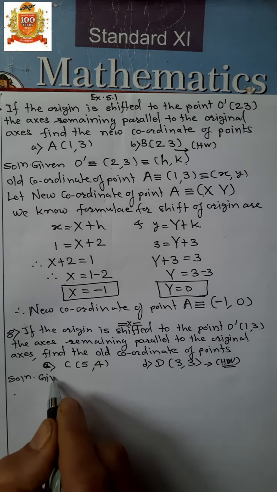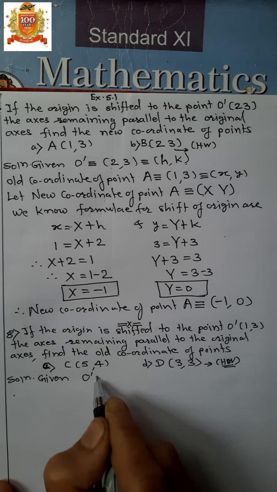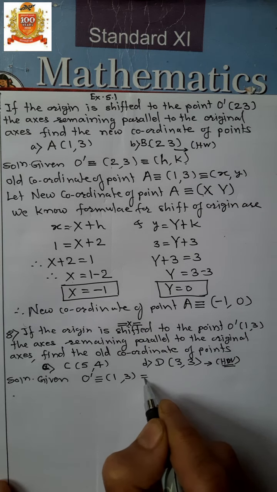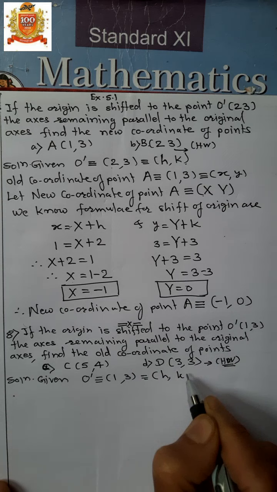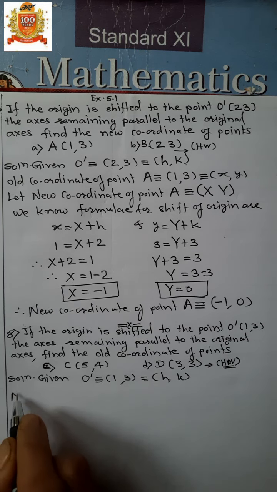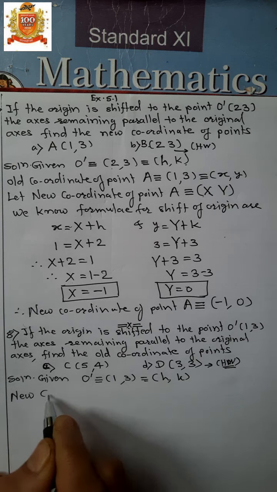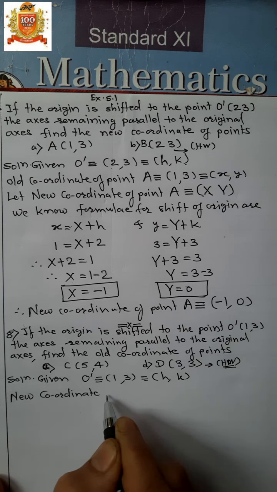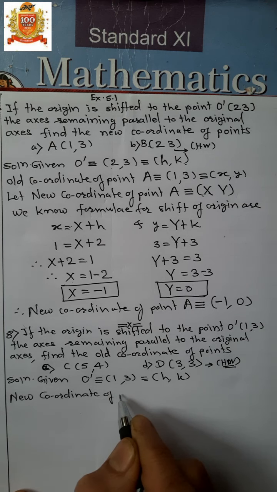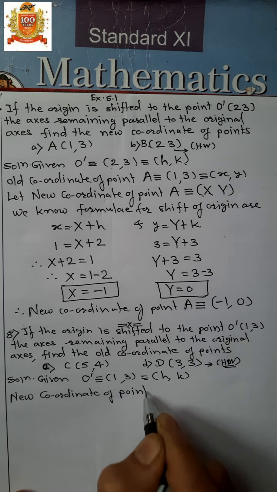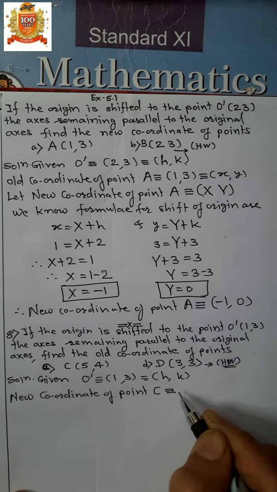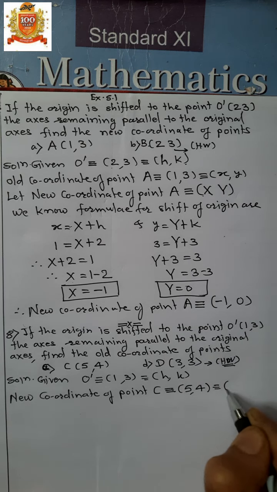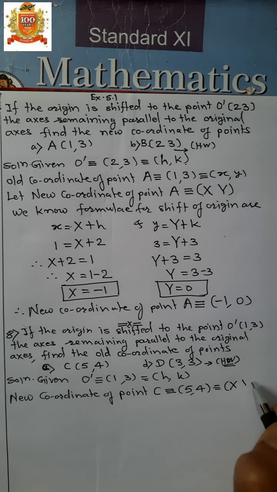Given O dash is equal to (1, 3), which is equal to (h, k). New coordinate of point C is equal to (5, 4), which we are going to denote by capital letters X and Y.